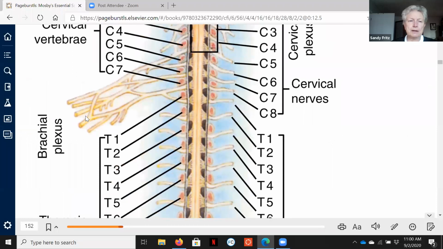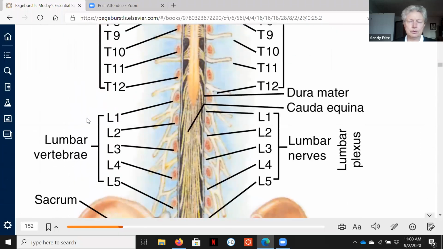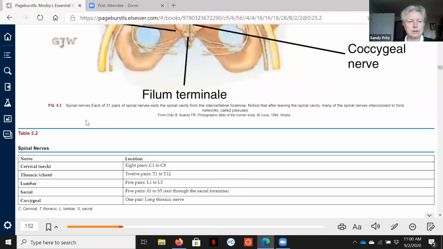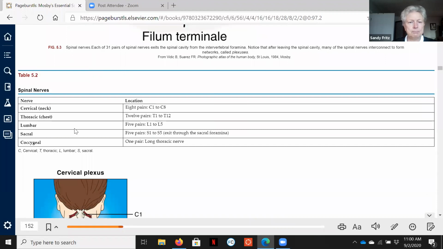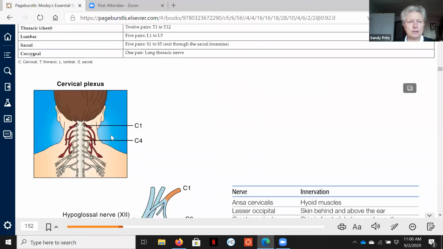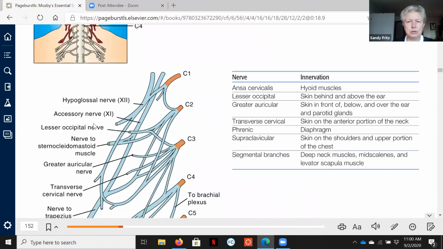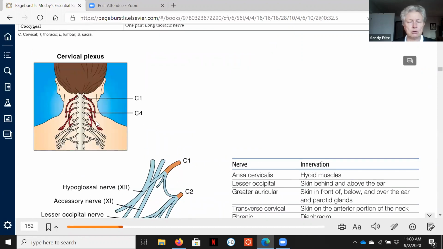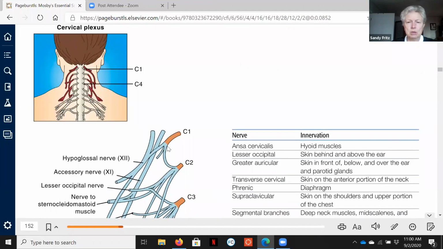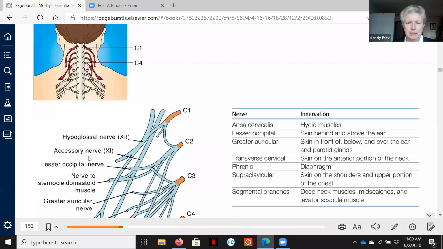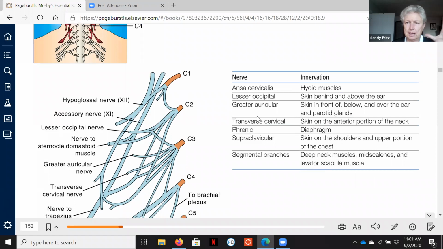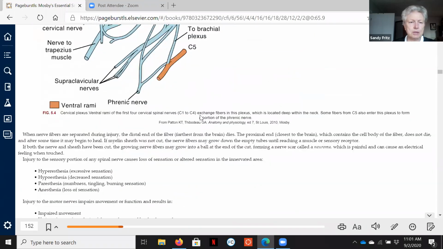These are all your spinal nerves. It's a good picture of this. And then here are specific pictures related to the plexuses. So do have a working knowledge of the names of the nerves in through here.